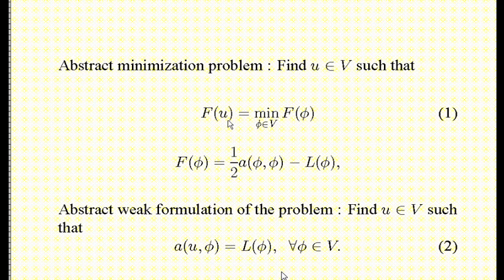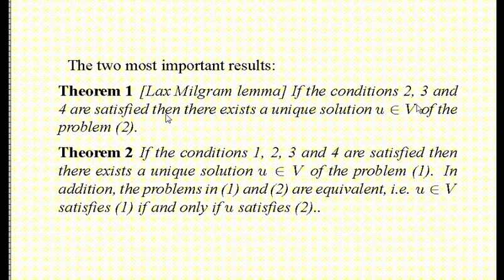Moreover, if properties 2, 3 and 4 are satisfied, then this problem has a unique solution. These two results: one is called the Lax-Milgram lemma, and the other theorem is not called anything, but it's connected to the equivalence between these two formulations. So the Lax-Milgram lemma is the one connected to the existence of a unique solution to this weak formulation.